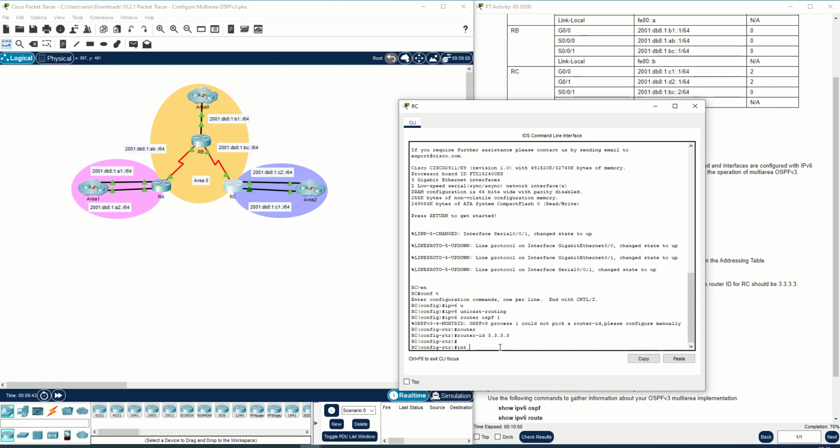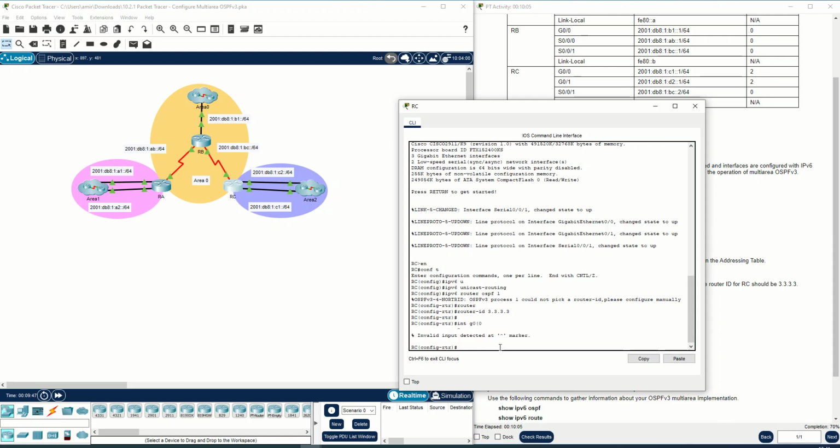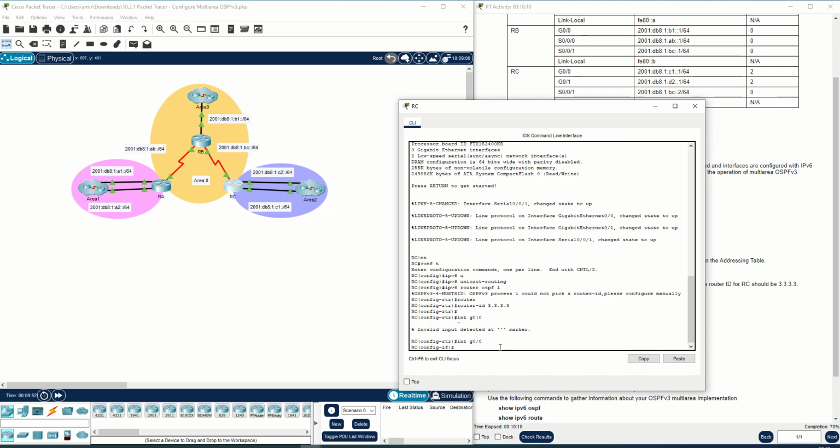And for the interface, we have G0/0, IPv6 OSPF process ID 1, and also which area: G0/0 and G0/1 are in area 2 and serial 0/0/1 is in area 0.